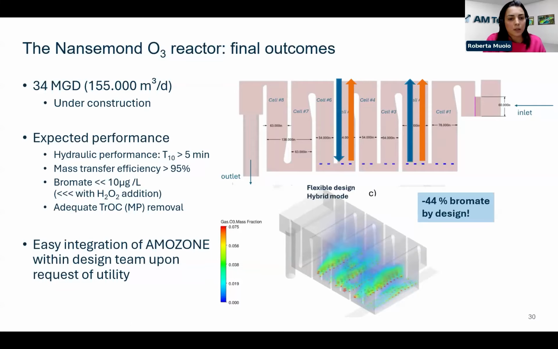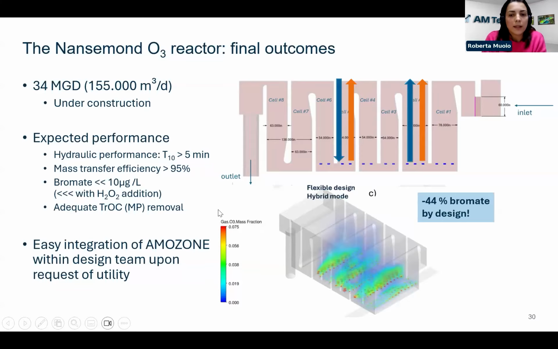Other expected performance for this design includes the hydraulic retention time, the T10, above 5 minutes, mass transfer efficiency above 95%, and bromate below 10 micrograms per liter, which could be even further reduced with the addition of hydrogen peroxide. And also trace organic compounds, or micropollutants, removal was as expected according to HRSD expectations for potable reuse.